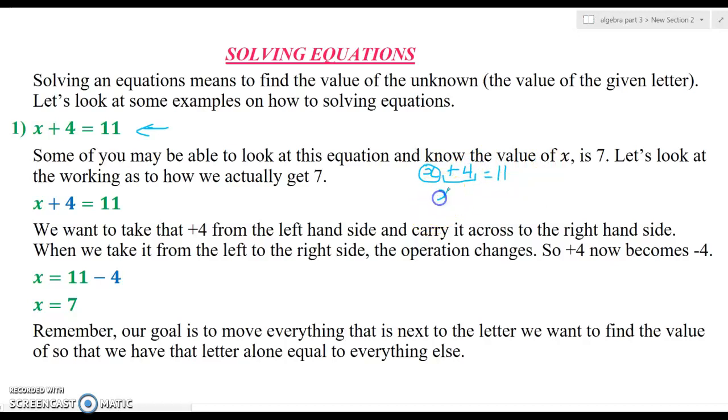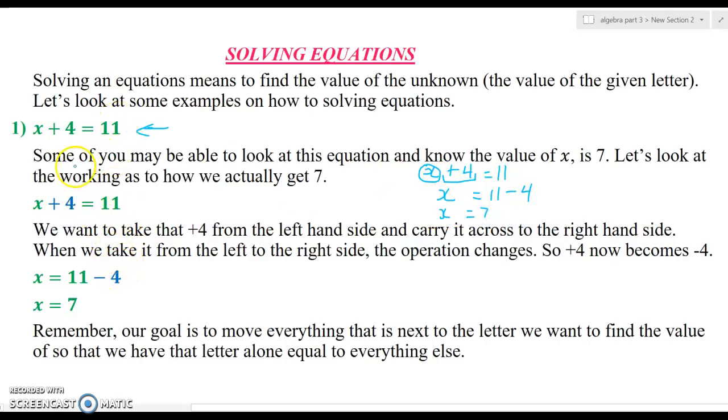We leave the x here, put back the 11, and move the plus 4 to the right hand side, and we have to change the operation. The opposite of adding 4 is taking away, or subtracting, 4. And that's how we get x is equal to 7.